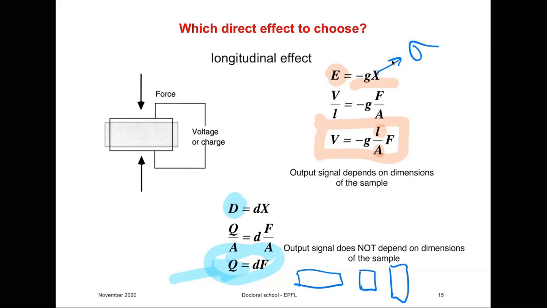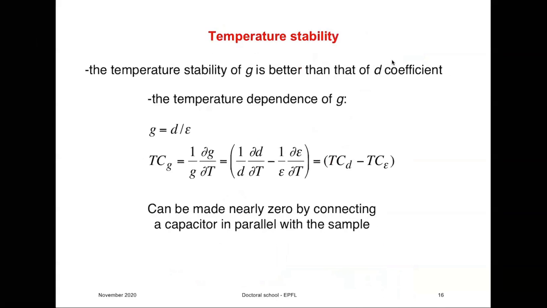Also, with the voltage, there is another problem, and that is that voltage measurements depend on the impedance of the sample. And when you maximize voltage, you are actually also having a large impedance of the sample, and that may be difficult to measure. While with charge, the charge amplifiers work in a different way, and sometimes measurements are easier. So you can consider these different things.